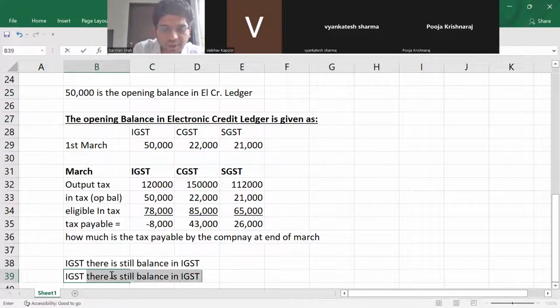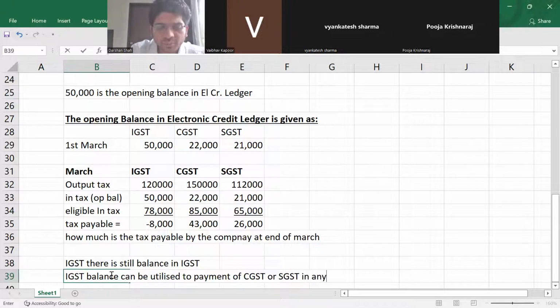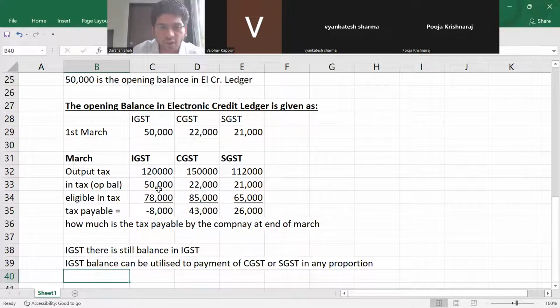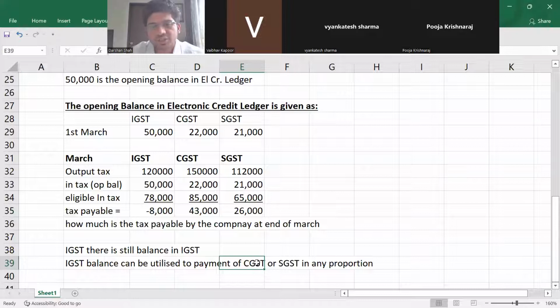Now that IGST balance can be utilized for payment of CGST or SGST in any proportion, because I have already paid off the IGST. Now this IGST, I can utilize towards payment of CGST or SGST in any proportion that I want.